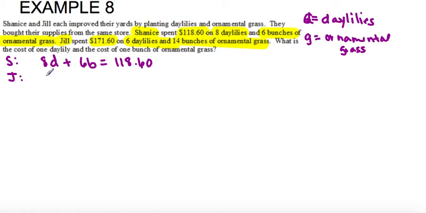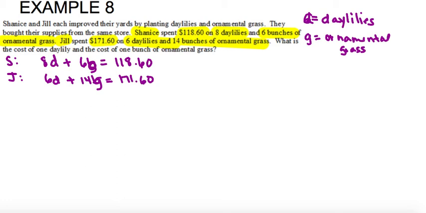She spent on 6 daylilies, so 6D plus 14 ornamental grass. Sorry, this is supposed to be a G. And then equals 171.60.